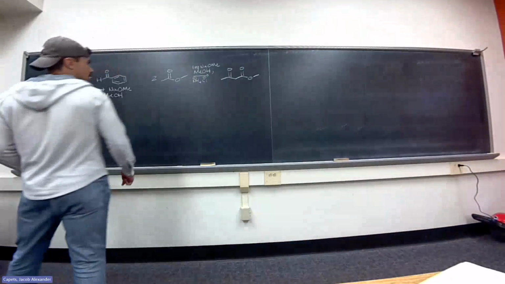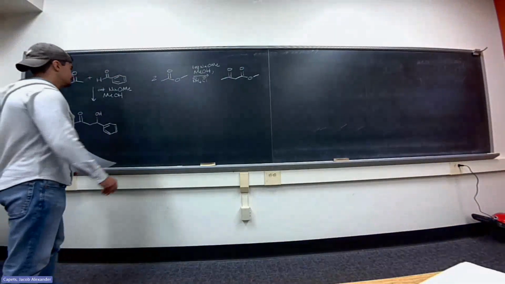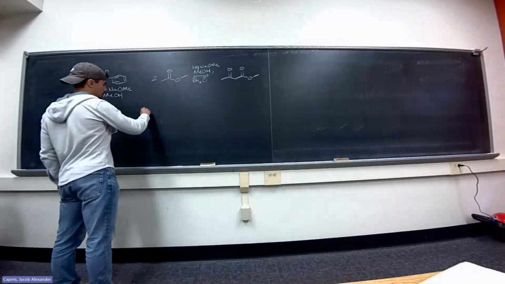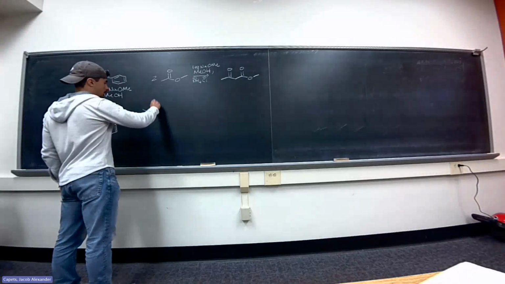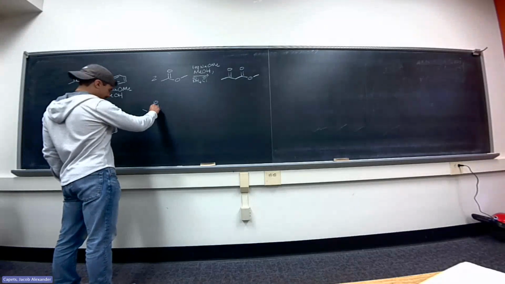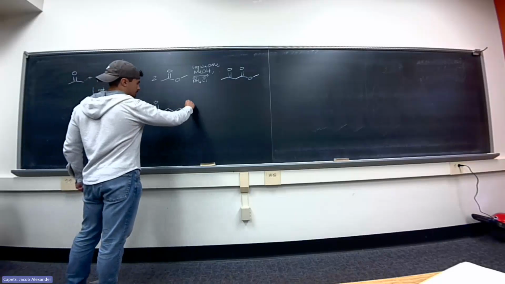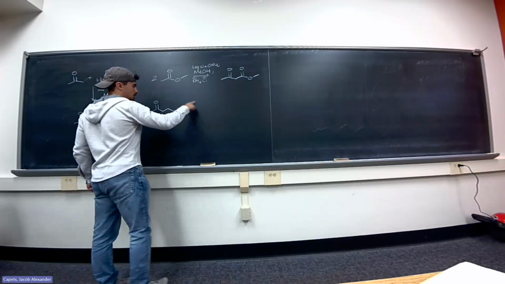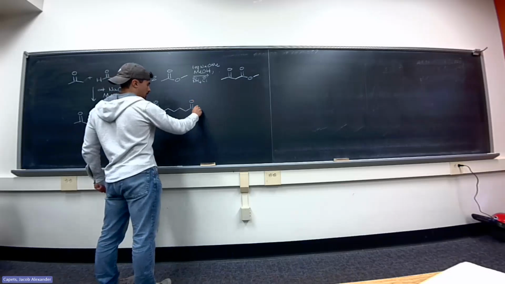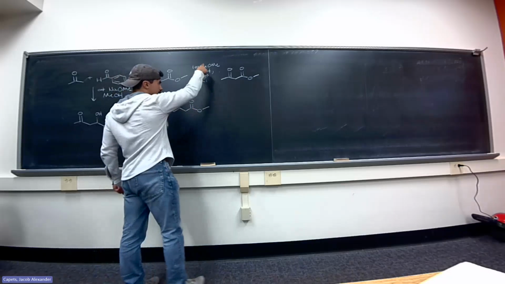A Dieckmann is a Claisen in a ring. So let's see, 1, 2, 3, 4, 5, 6, 7. Same reagents as this.